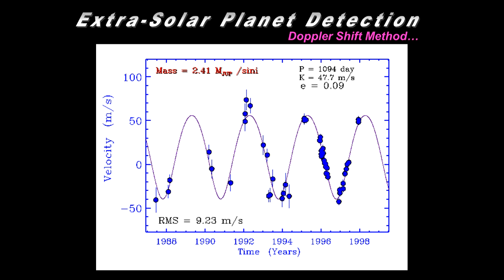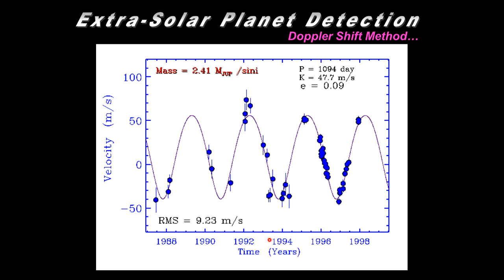So we can observe the motion of the parent star back and forth, toward us, away from us, toward us, away from us, producing a Doppler shift. That can be translated as a plus or minus velocity with respect to the standard. Taking a bunch of data, here all these blue dots are data taken over a period of years.